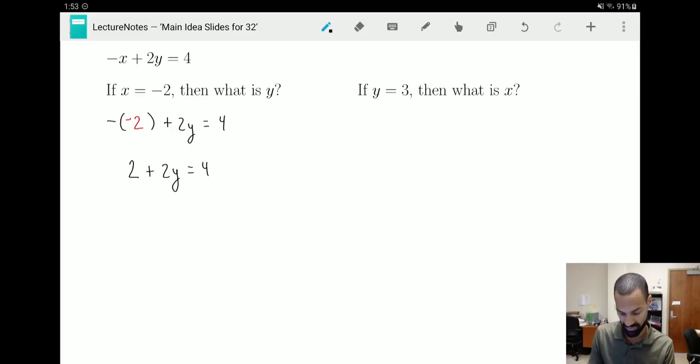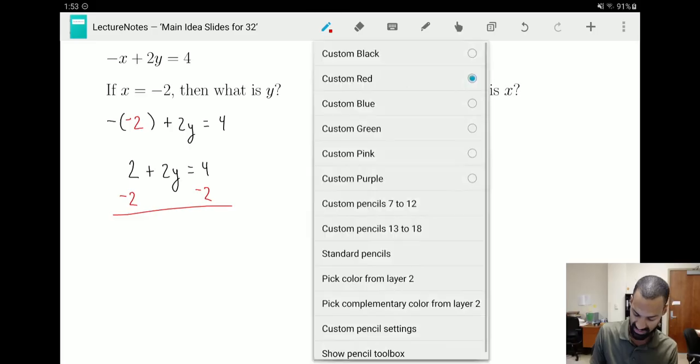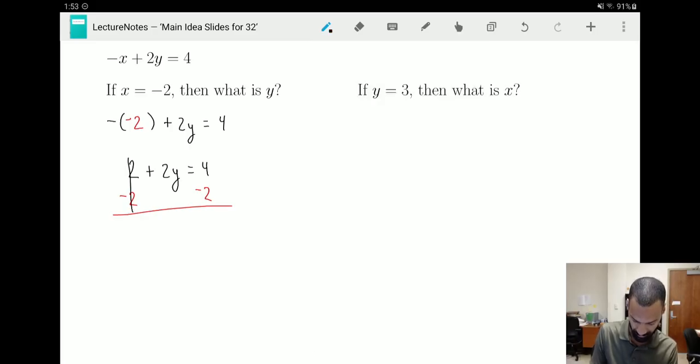I'm going to solve the equation for y. So, okay, we know how to do that. We subtract 2 from both sides to eliminate that constant term next to the variable term. That will give me 2y equals 4 minus 2, which is 2. Then to get rid of the 2 that's multiplied times the y, I'll divide both sides by 2.